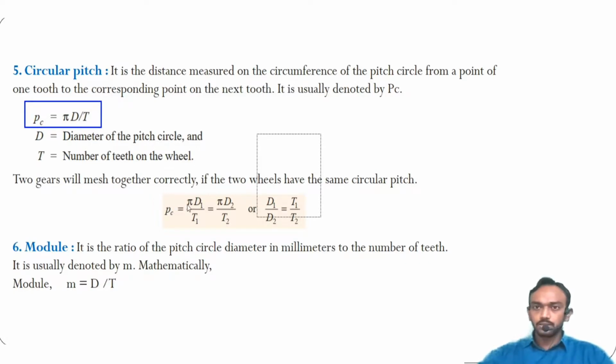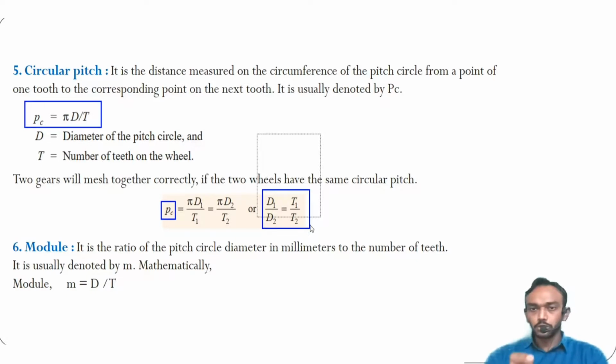If you want to mesh two gears properly, the circular pitch must be the same for both gears. So pi d1 by t1 is equal to pi d2 by t2. Pi cancels, and you get d1 upon d2 equal to t1 upon t2.